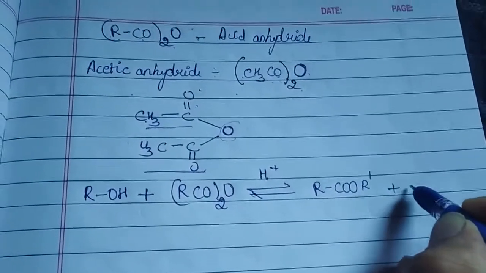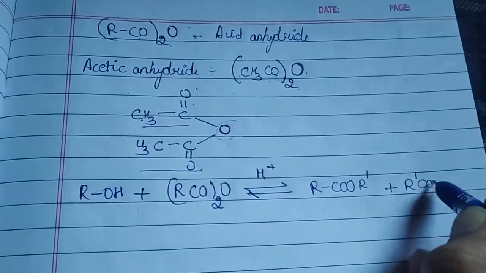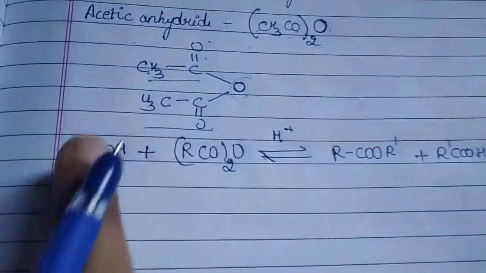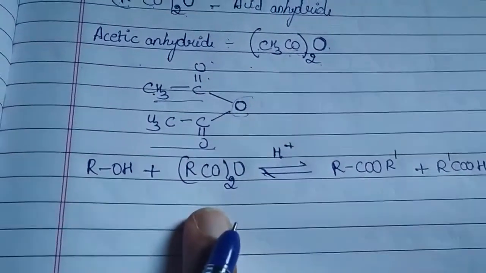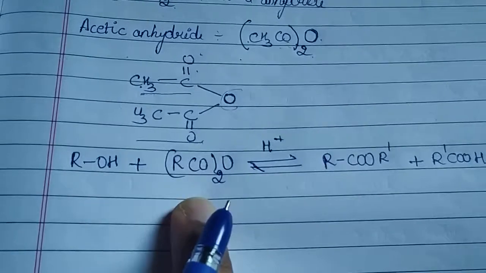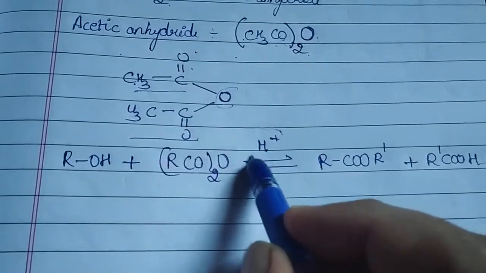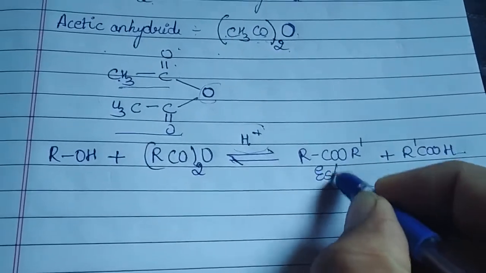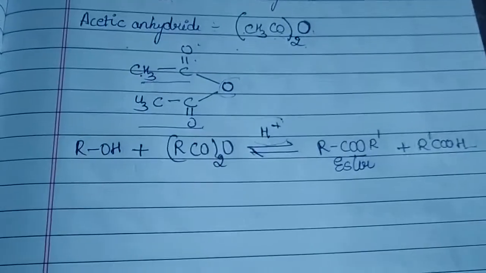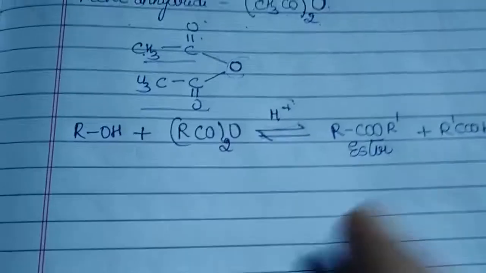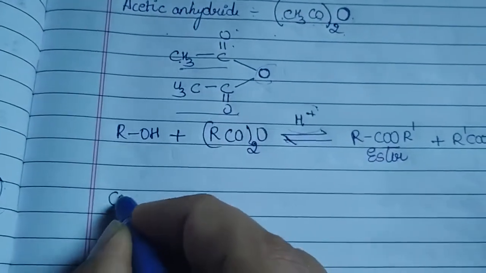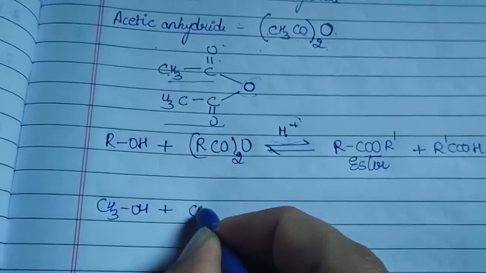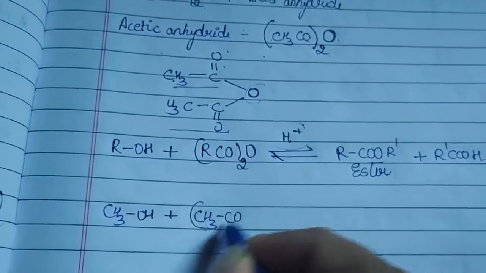But here the important byproduct is once again a carboxylic acid. So whenever an alcohol is treated with an acid anhydride in the presence of a small amount of concentrated sulfuric acid, we will be obtaining our ester. Is that clear? Let's give an example for this. Let me choose here R as CH3OH, and here I will choose CH3CO twice O.